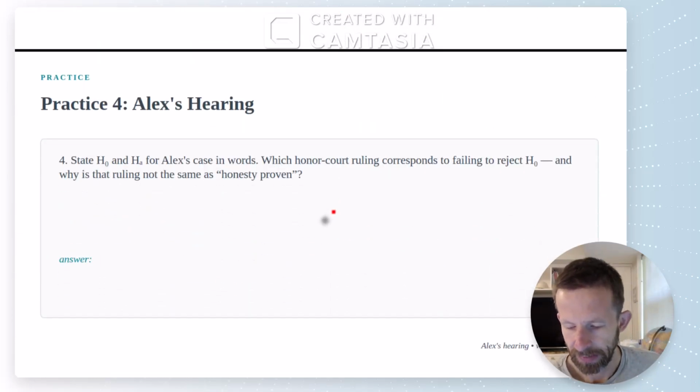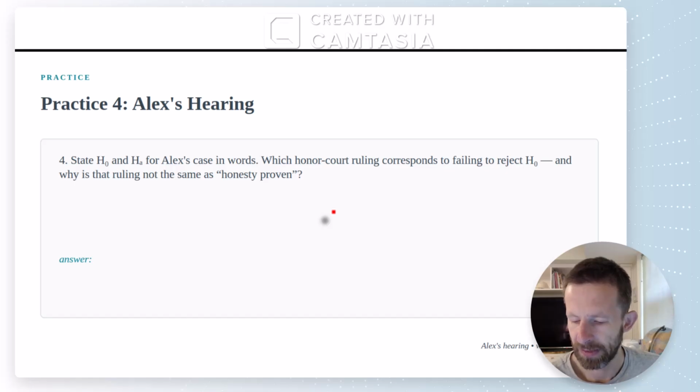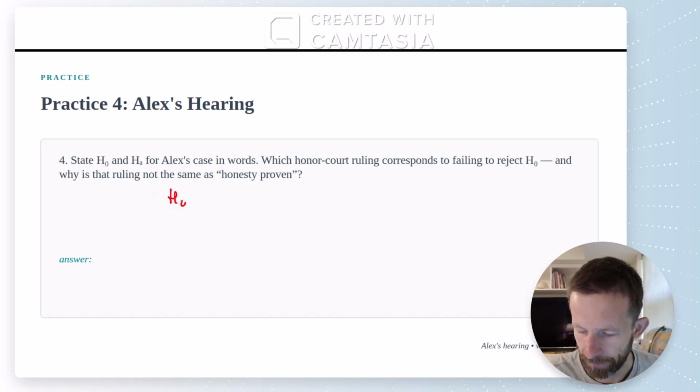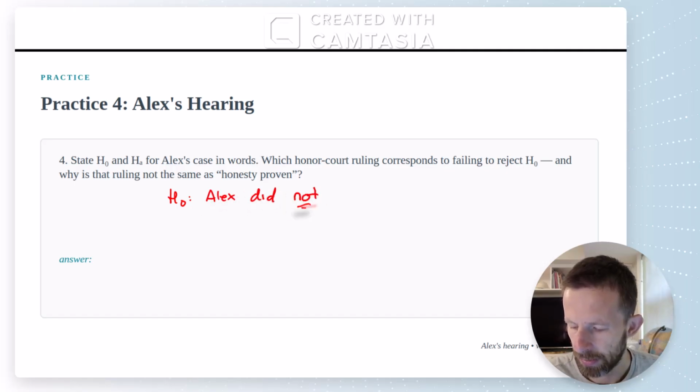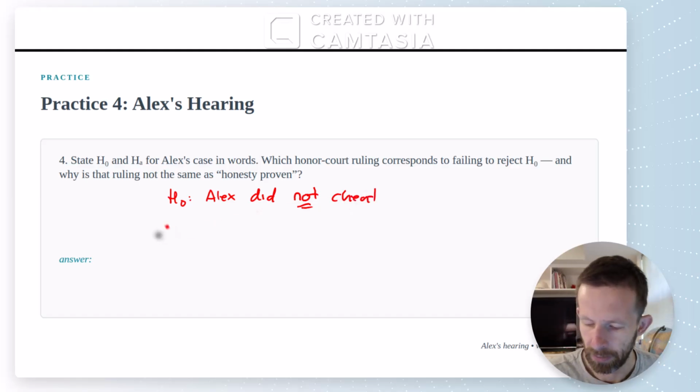Alex's hearing. State the null and alternate hypothesis in words. So the null: Alex did not cheat. The alternate: he did.